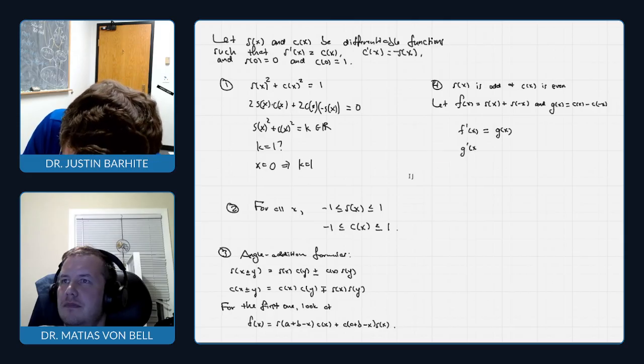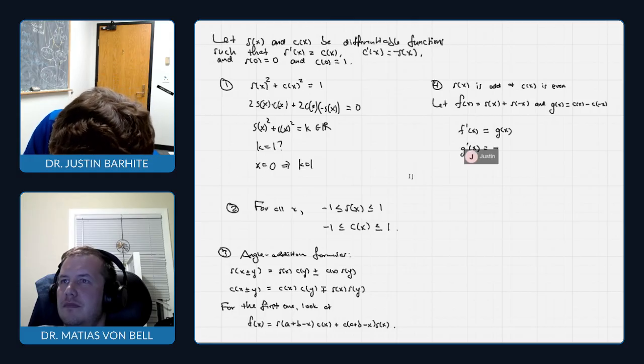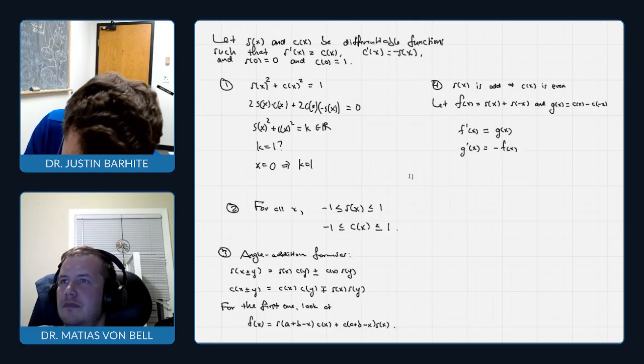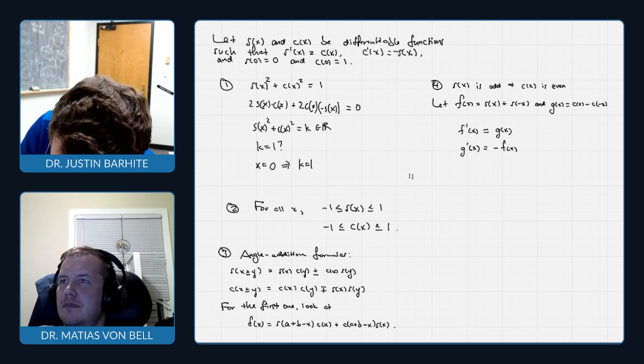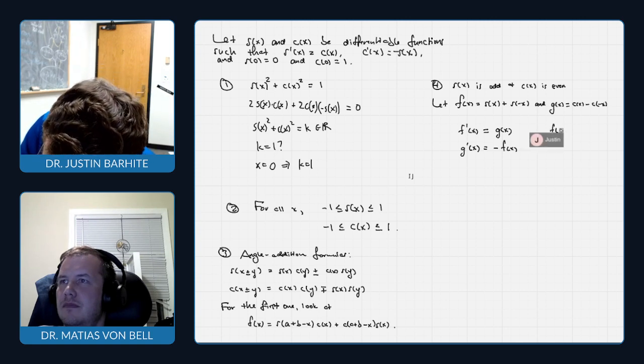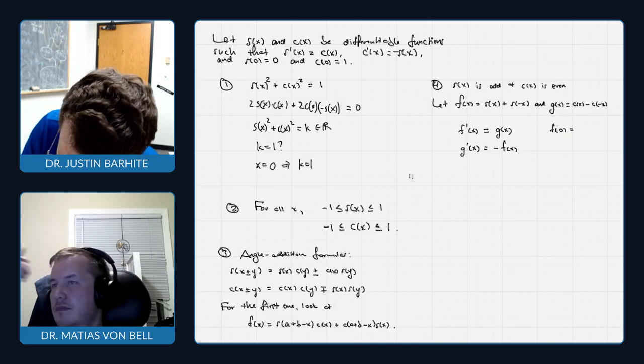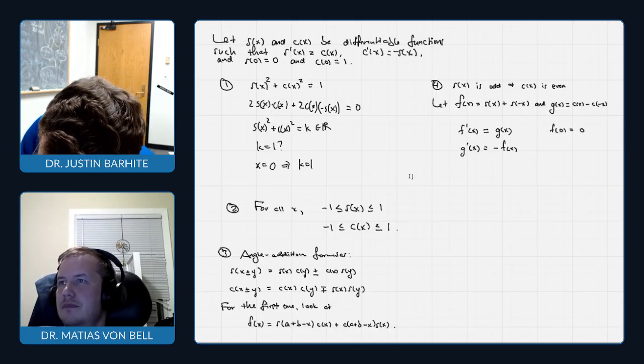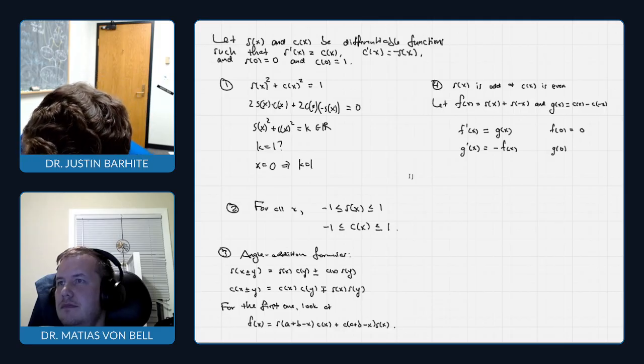That's not quite right. You get minus f of x. And let me also point out, f of 0 is 0. g of 0 is also 0. I have my initial conditions, so I can just evaluate these things at 0.